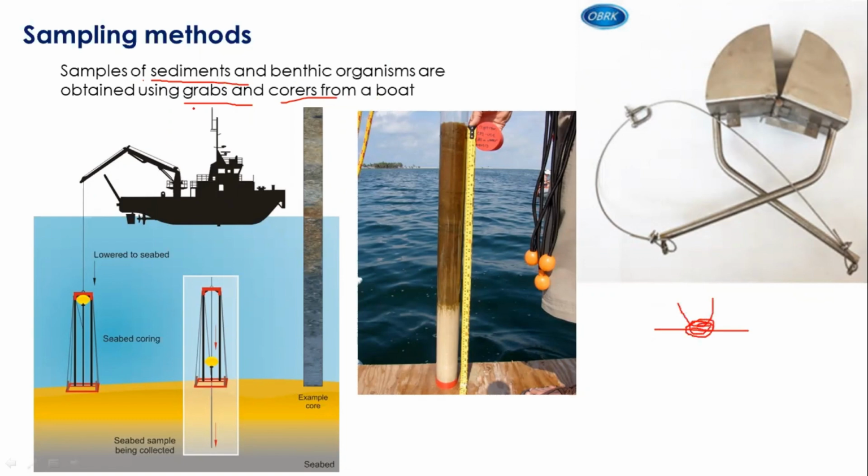But if you are interested in understanding the subsurface microbiome, or a different section of the subsurface, then you have to use corers. Corers will look something like this. When you put the corer in the sediment, it will collect the sediment for the whole length of the corer.